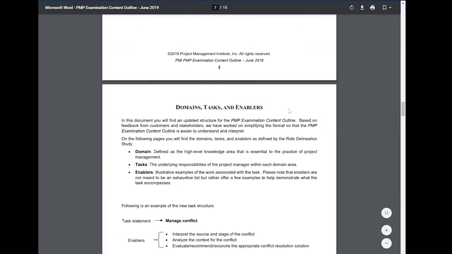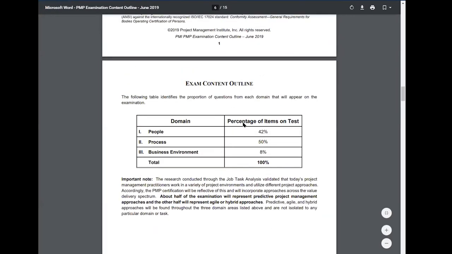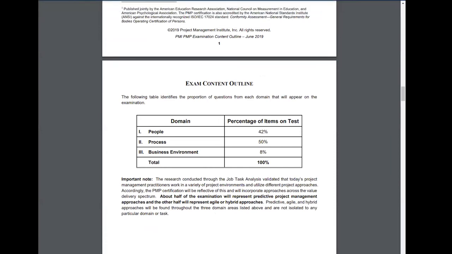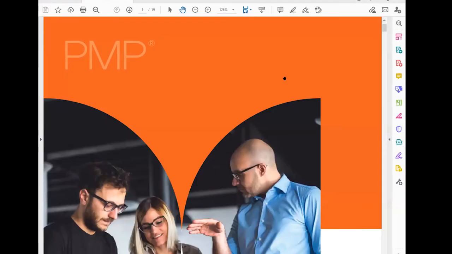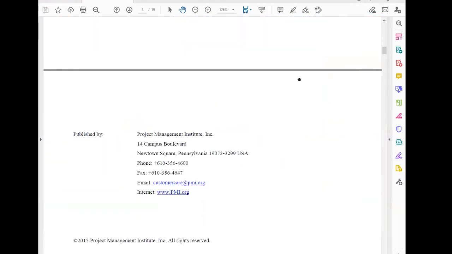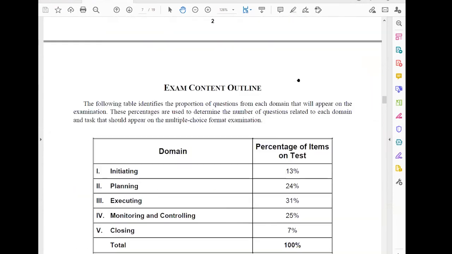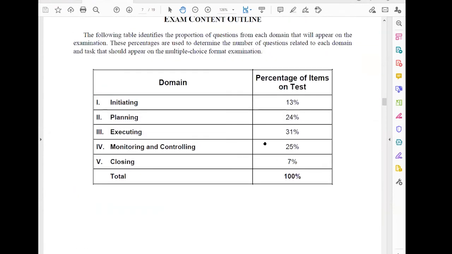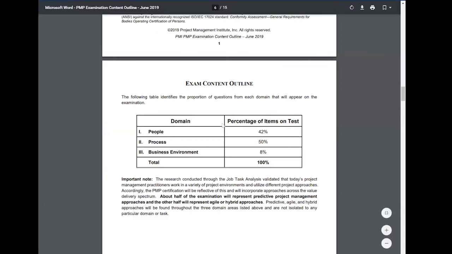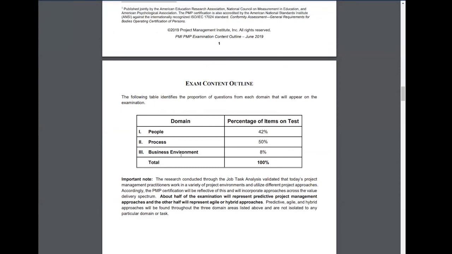Tatlong topic, tatlong domain. Dati yung domain, ibang-iba na talaga, mas marami dati, sa processes. Next year, focus nila ito sa people at saka business environment.